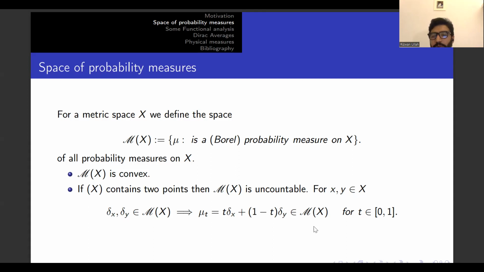But we will impose further conditions which will make it easy for us: not every measure will we choose from the space of probability measures, but we will choose some specific measure which will describe the dynamics of that system.